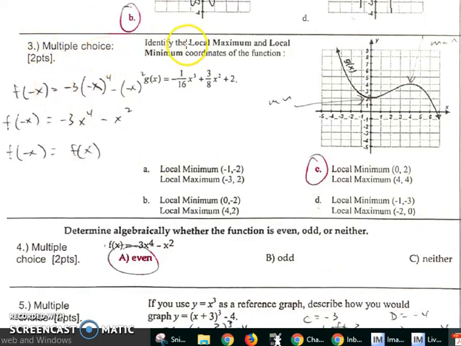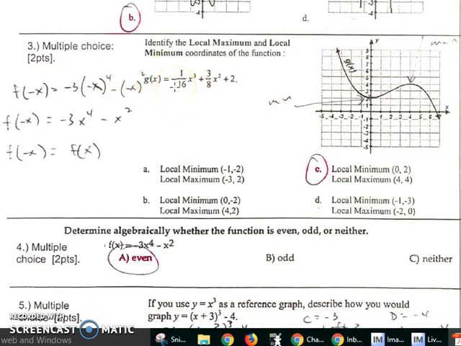Number 3, multiple choice. Identify the local maximum and local minimum coordinates of the function. Remember, a local just means based on the snapshot. What can we see? Here is the max. Here's the minimum. You don't really need this function, but it is helpful. We know it's cubic and has a negative leading coefficient.